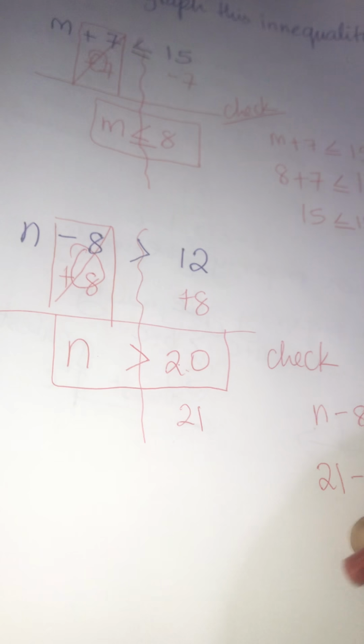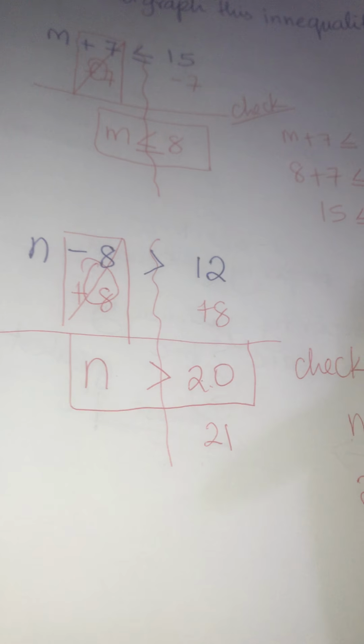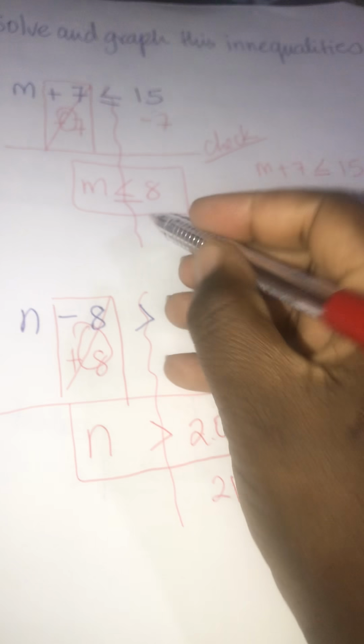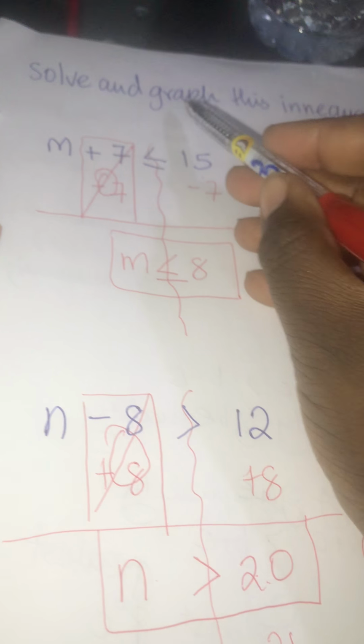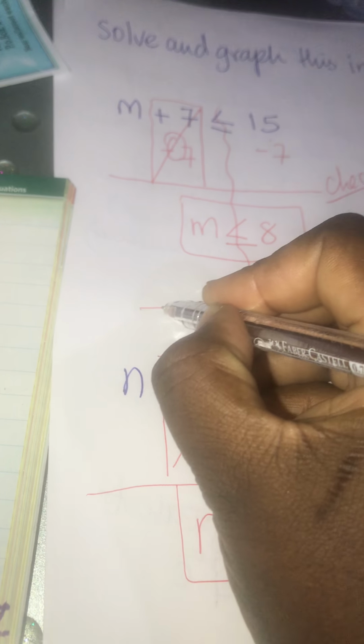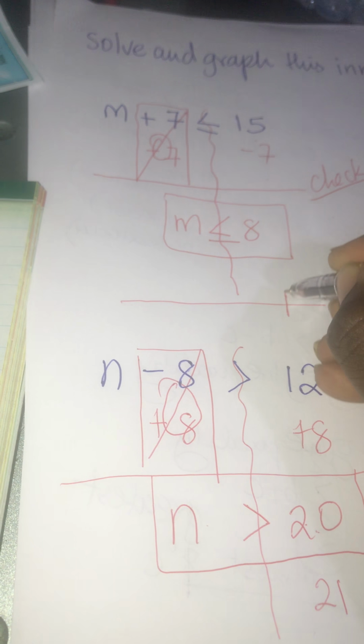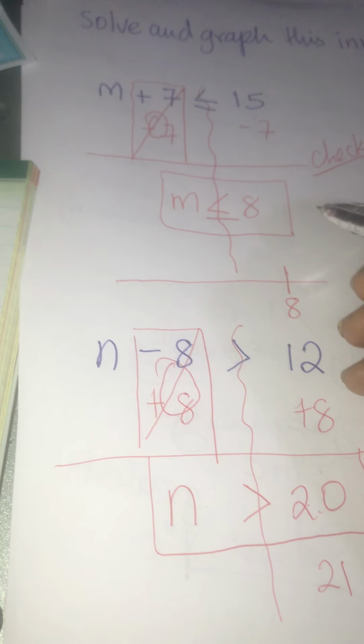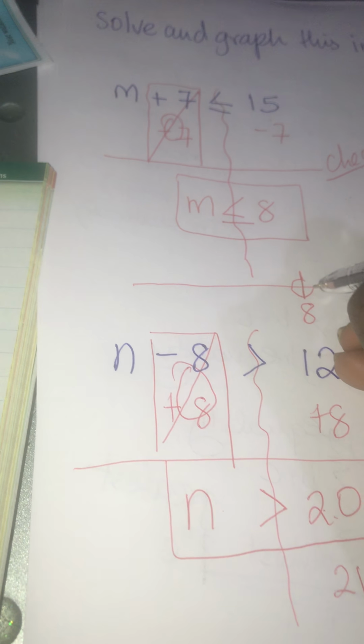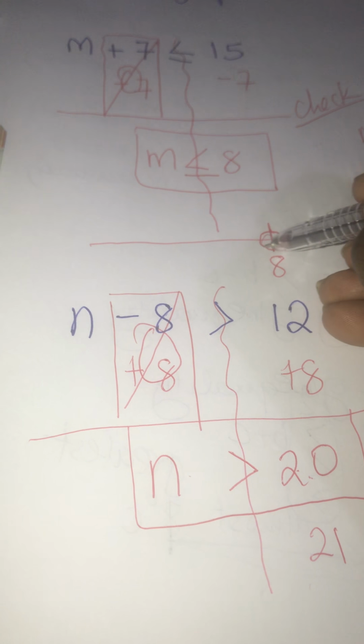Okay? All right. We need to graph. So, in this question, because the question says we need to graph, you will draw your number line. You will go to 8. You will draw a circle. It will be closed.